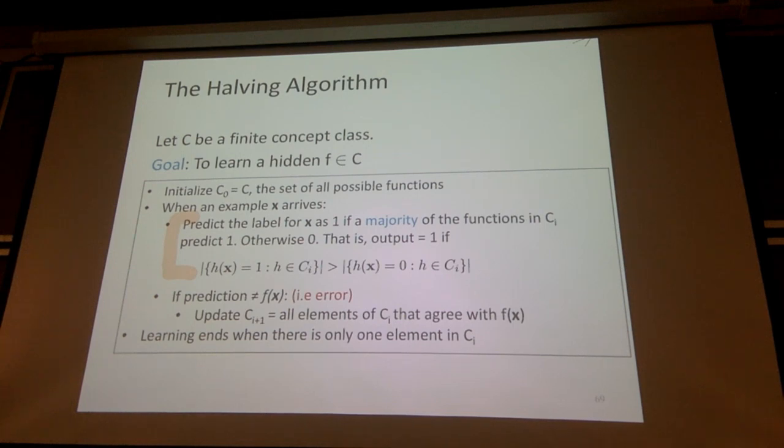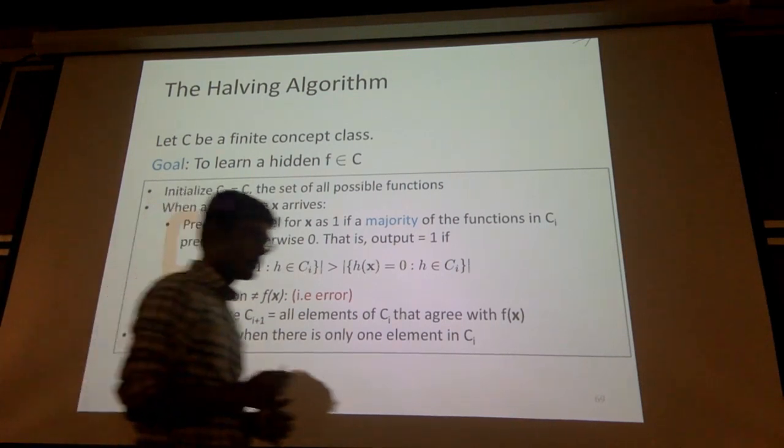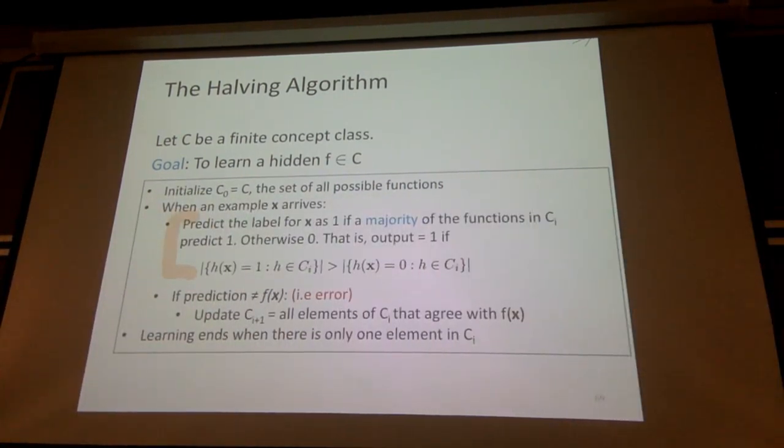Sorry, I may not be understanding something, but if the true function doesn't lie in the majority, are we just completely throwing it out? How do we correct if something isn't in the majority? For example, in the first case, our set of functions in C happens to be in the majority.